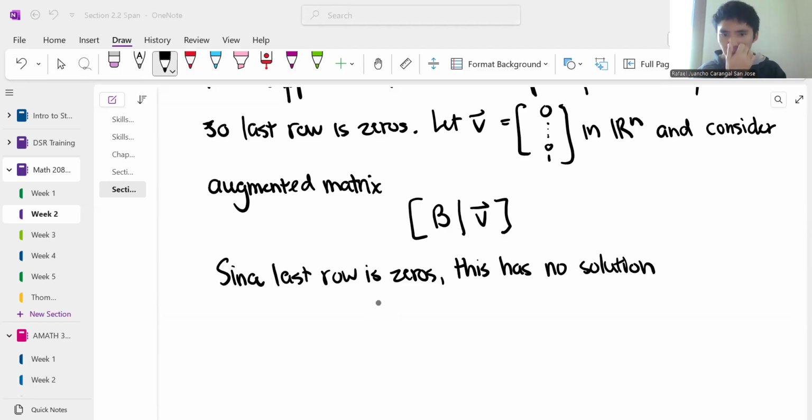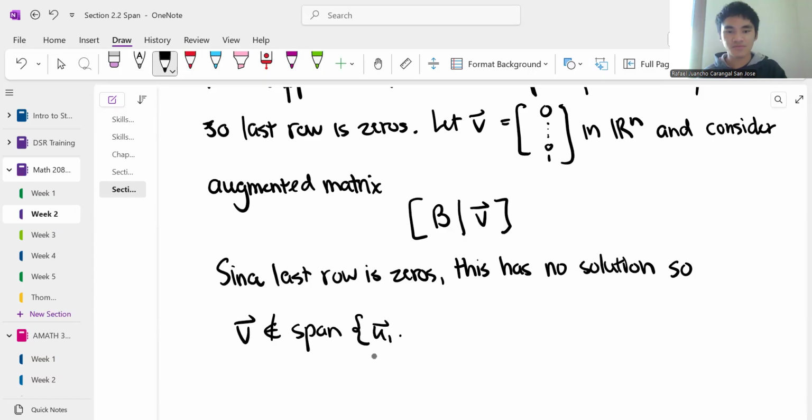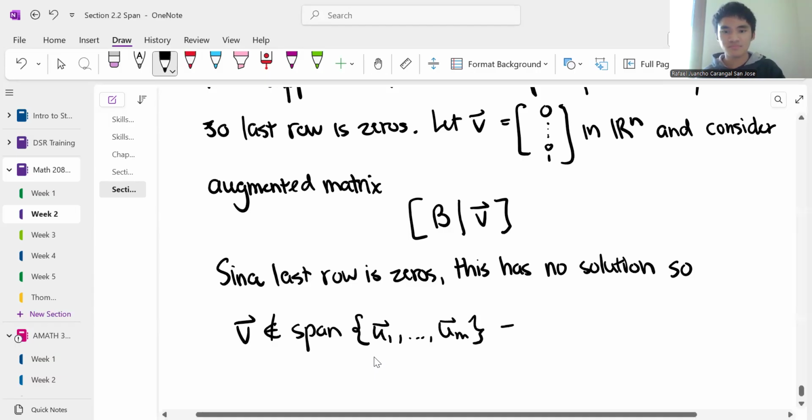Right? If it has no solutions, then it's not a linear combination. So V is not in that span of U sub 1 to M, which is not Rn.